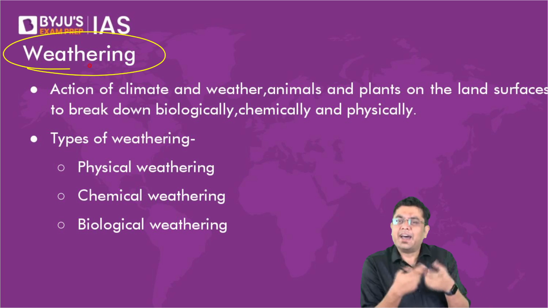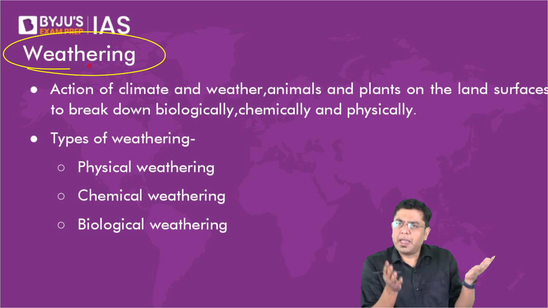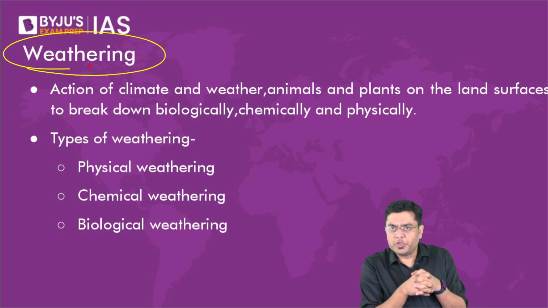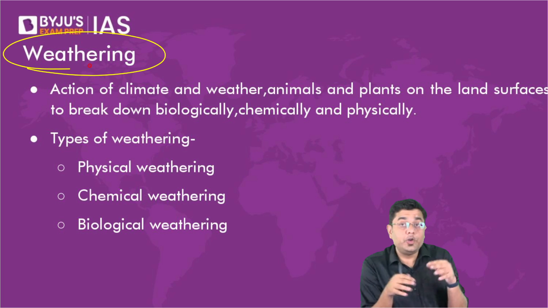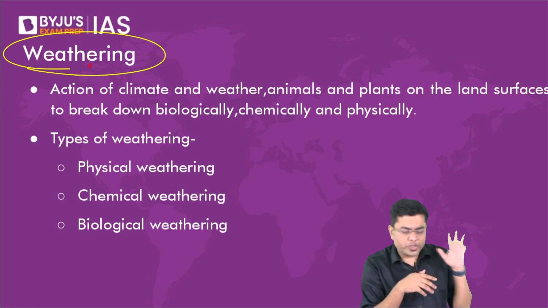Means there has been a significant erosion or significant impact on that particular individual. So when we say weathering, it is a natural phenomenon whereby a particular rock gets disintegrated into many small parts, either due to physical, chemical, or biological action.